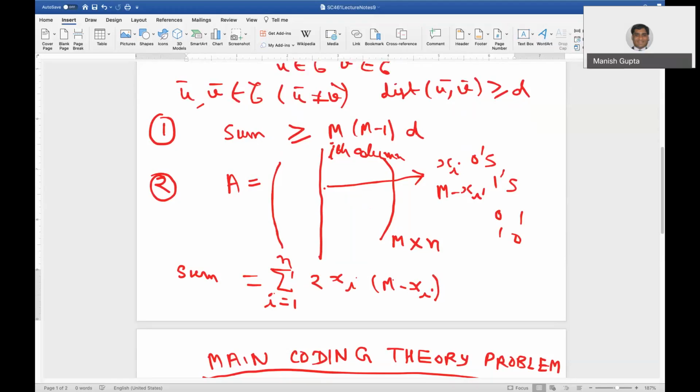Because we can do it for each column, picking up one particular column i, this sum can be computed like this: summation i is equal to 1 to n, 2 times xi times M minus xi.